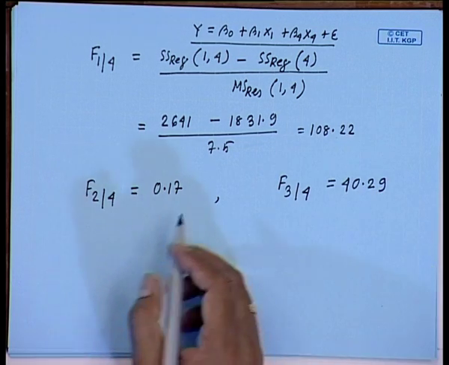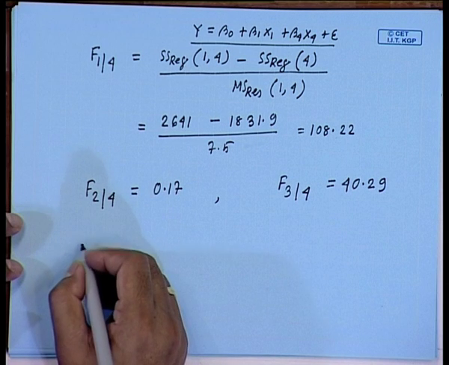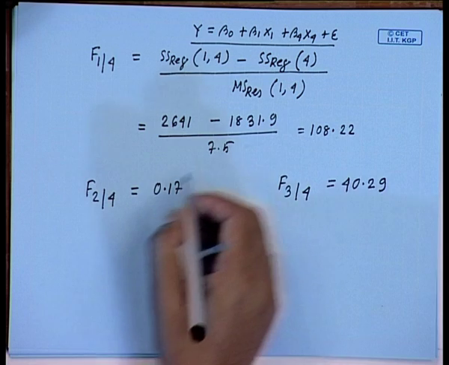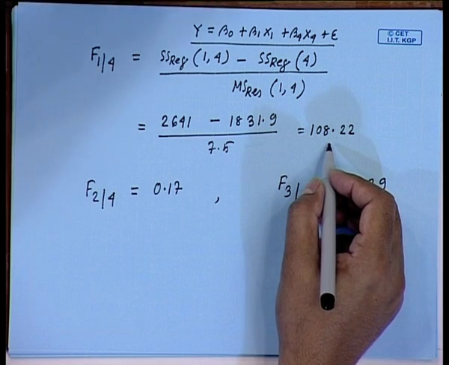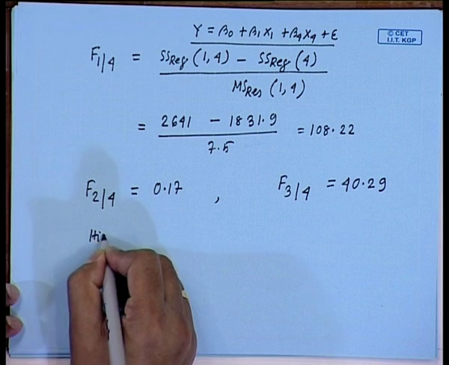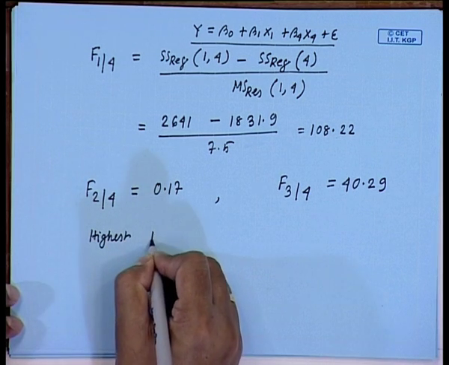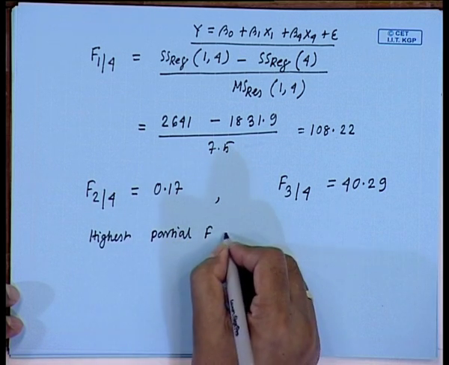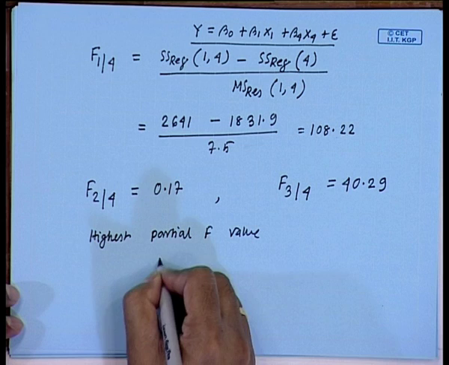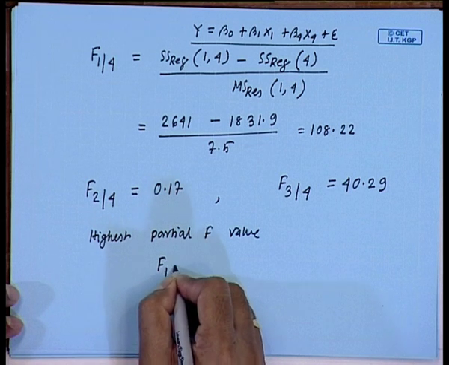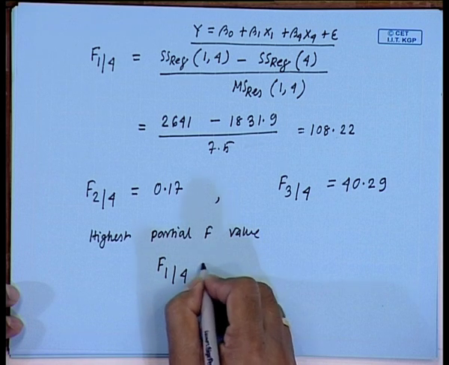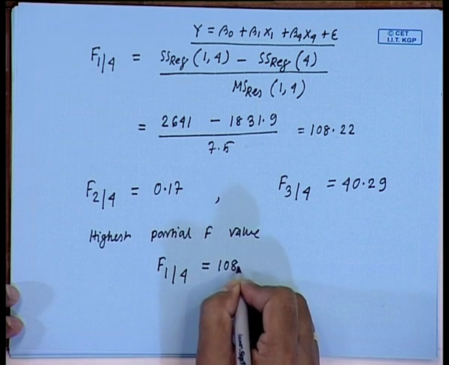So, the highest partial F value is F1 in the presence of x4, which is equal to 108.22.